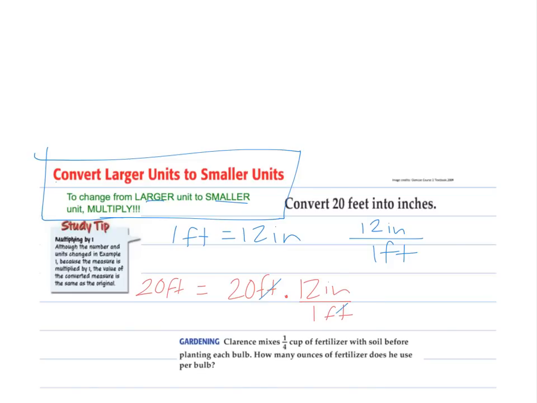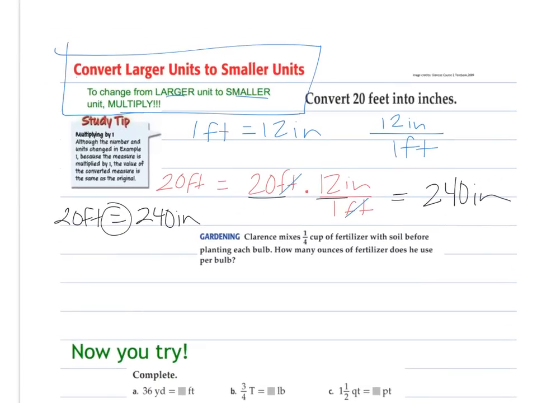Those feet units then cancel, and all we have left is 20 times 12, which is the same as 240. So 20 feet is equal to 240 inches. Just converting using what I know.